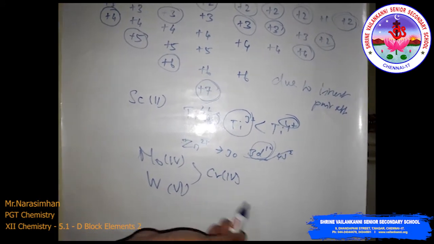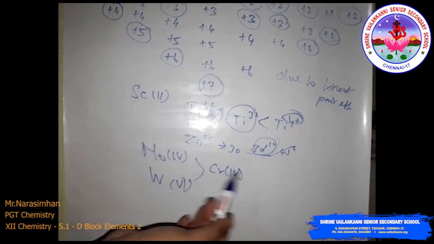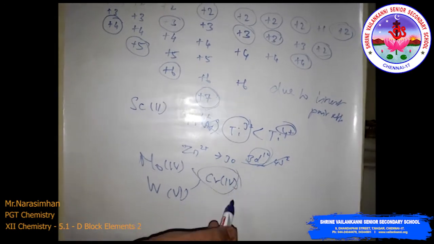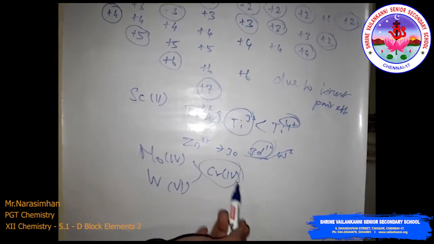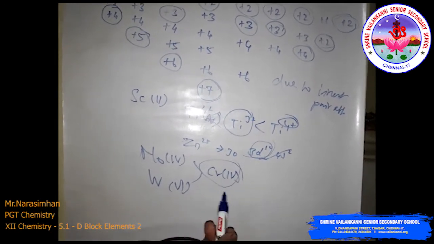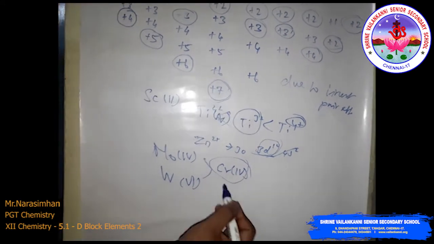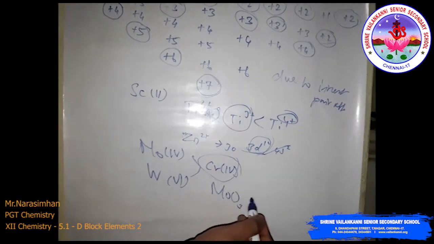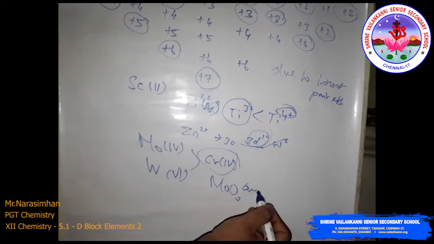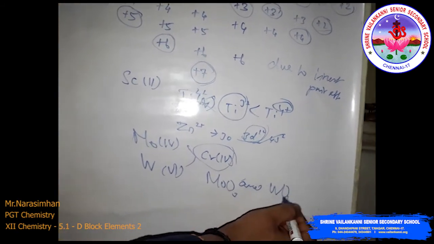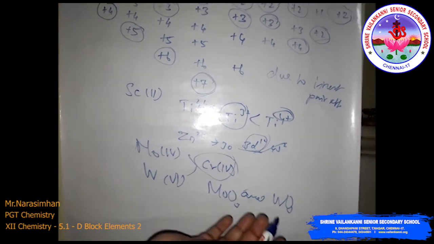Thus chromium +6 forms dichromate in acidic medium, which is a strong oxidizing agent, whereas molybdenum trioxide and tungsten oxide are not formed that way and do not act as oxidizing agents.